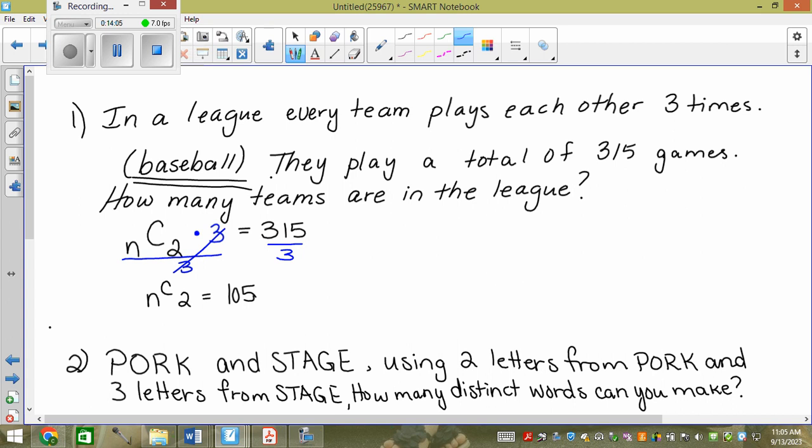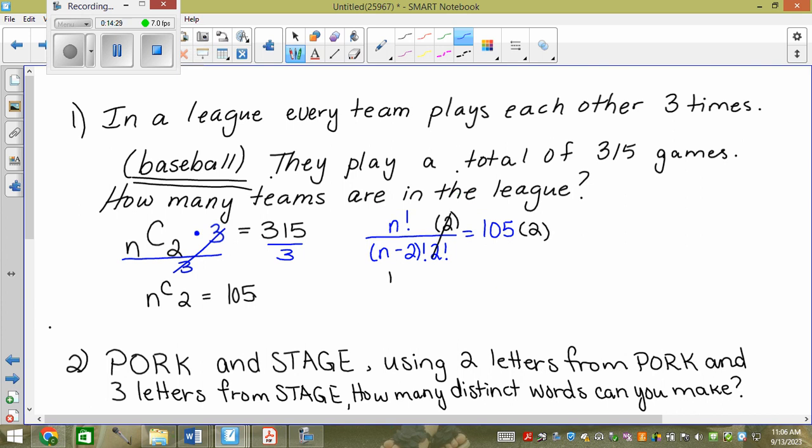And then we do the formula. So we get n factorial over n minus 2 factorial times 2 factorial equals 105. Then what do we do? Times it by the 2.